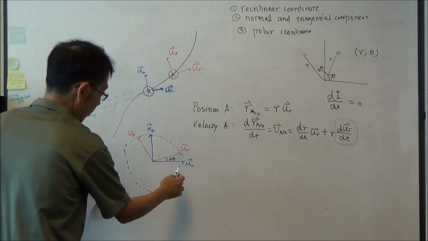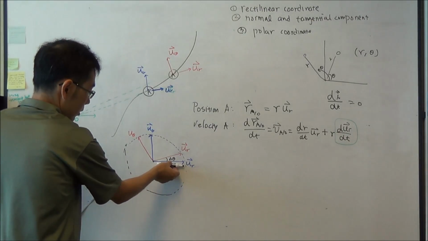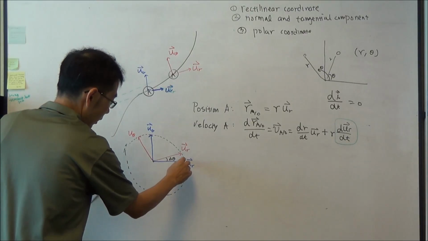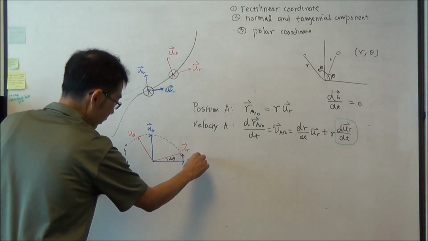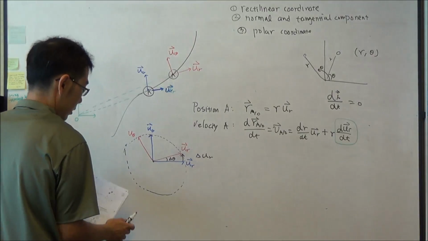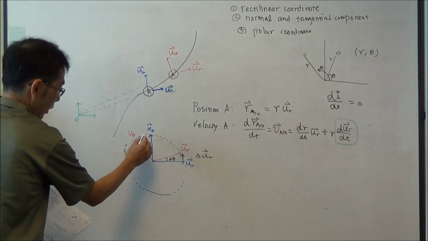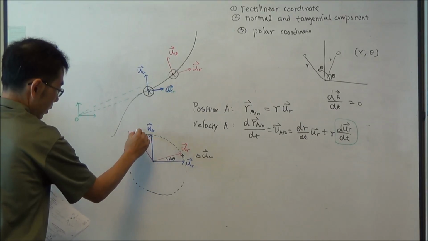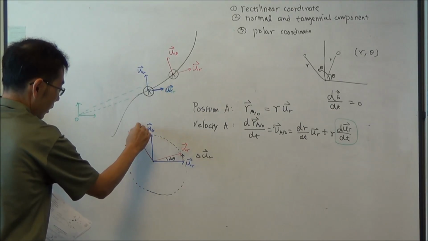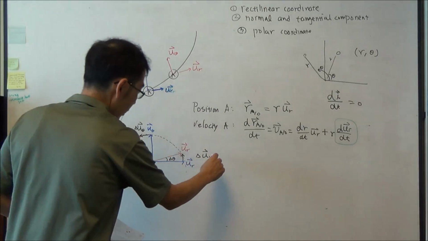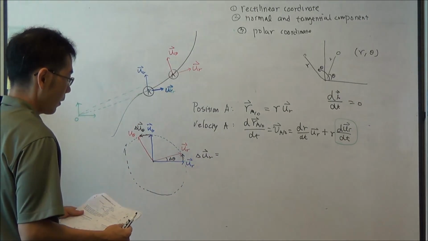And then because this UR changed direction to the red UR, I can think about delta UR. Okay. So delta UR is this one, and likewise this is delta U theta. So this is the change of UR. So delta UR is equal to what?